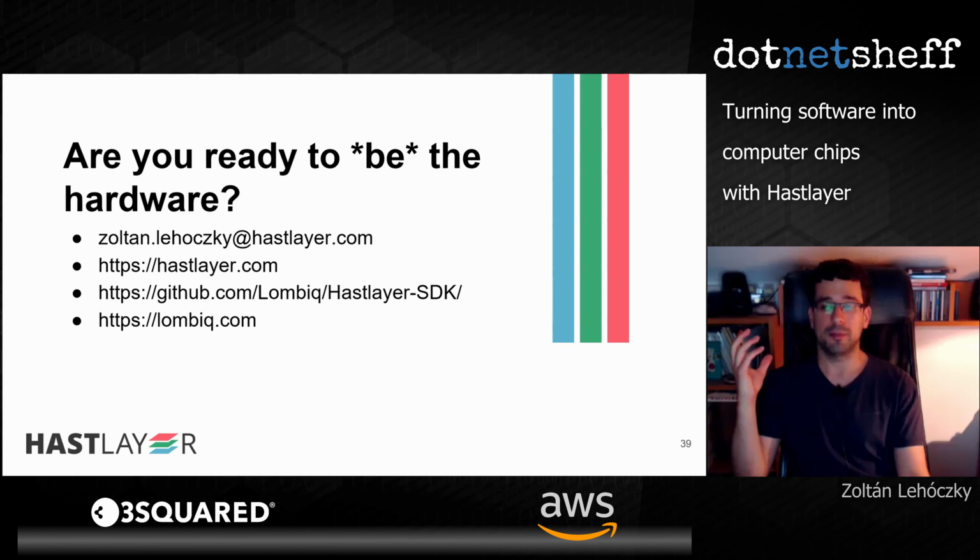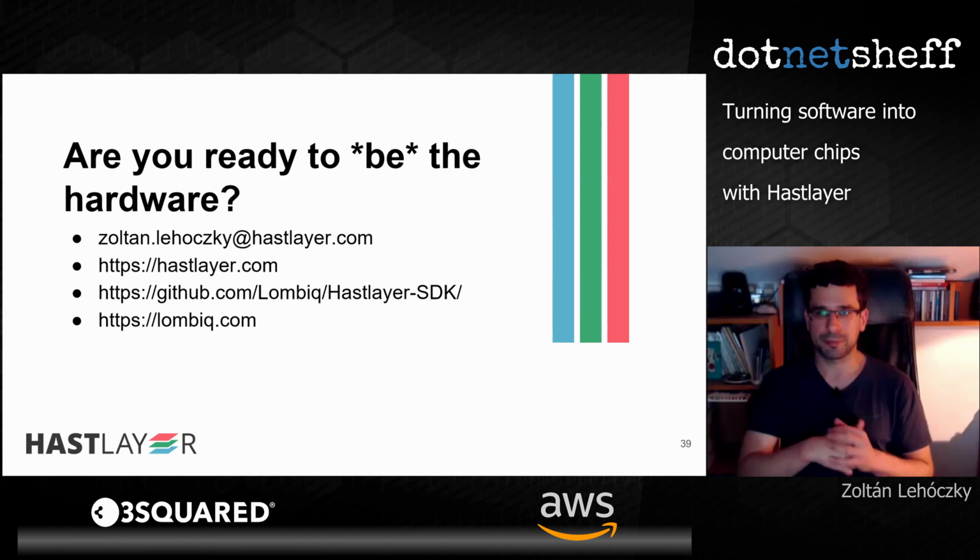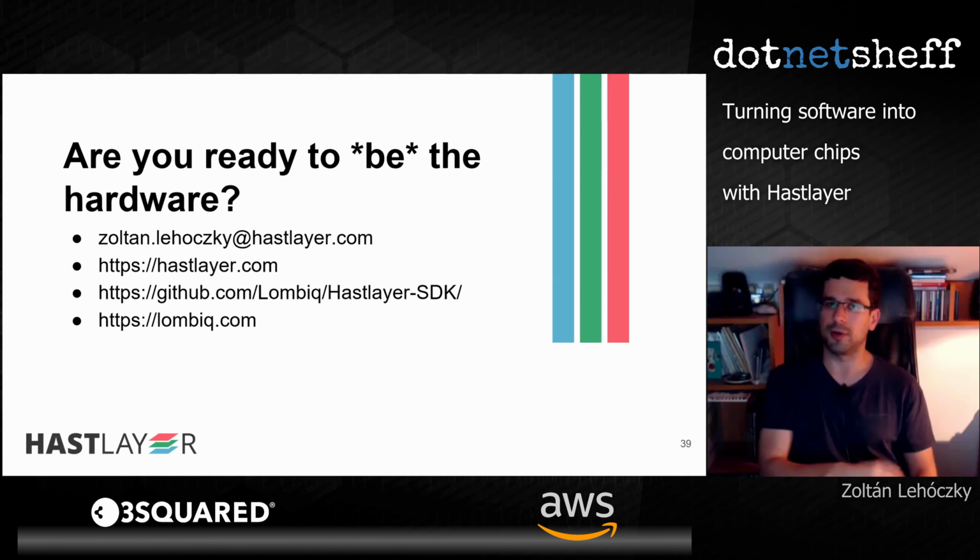But you can also use an FPGA alone, and in some of the financial use cases, that's actually what's happening. There's no PC at all. You pretty much put the FPGA onto a network interface card, and it talks directly on the network. So that's also possible. Hastlayer kind of supports that, but we don't explicitly make it easy because that wasn't the goal. But you can take a hardware design that Hastlayer generates and plug it into any other hardware design.